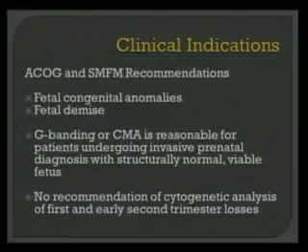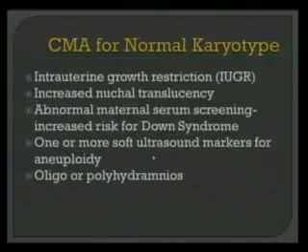So this is another situation where you could offer it to your patient. They have no current recommendations about using microarray in early pregnancy losses, like first and early second trimester losses. And then this list here, IUGR, increased nuchal translucency, abnormal maternal serum screening, soft markers, or oligo or polyhydramnios, they could also be offered microarray.